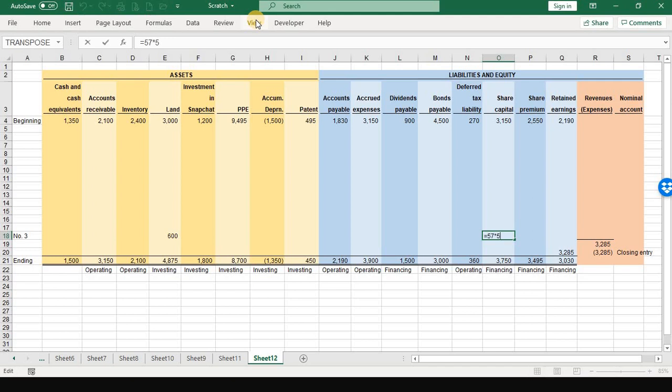Then the excess of the fair value over par is credited to the share premium account for 315 pesos.